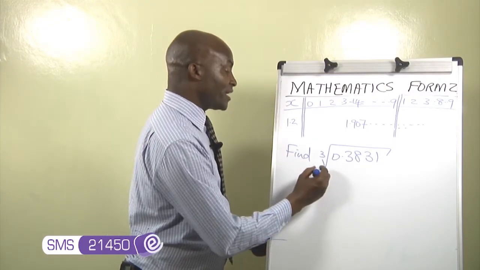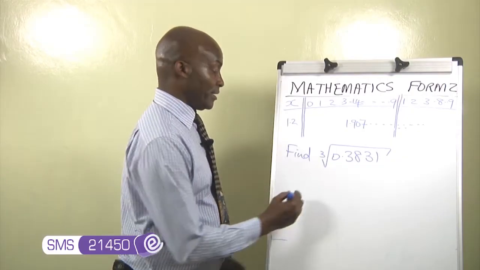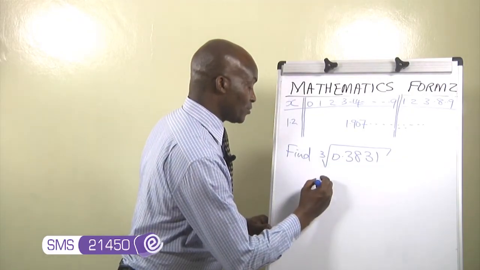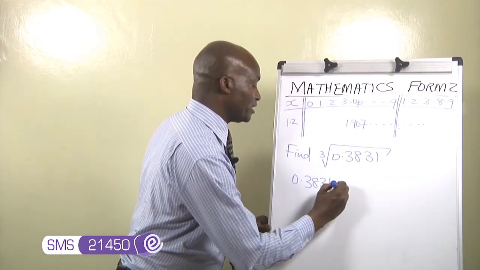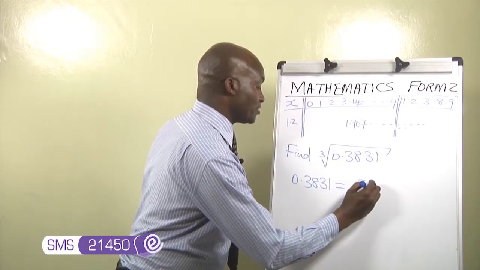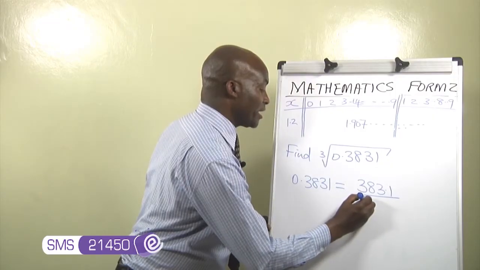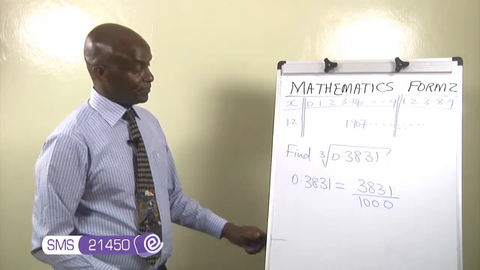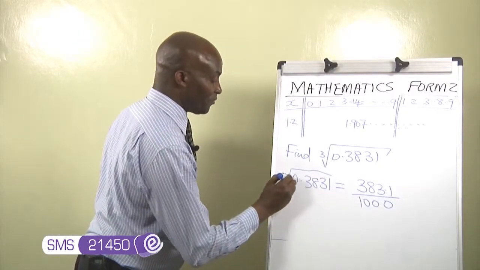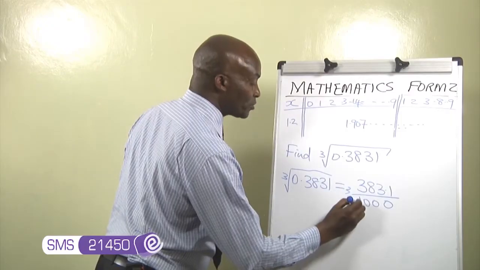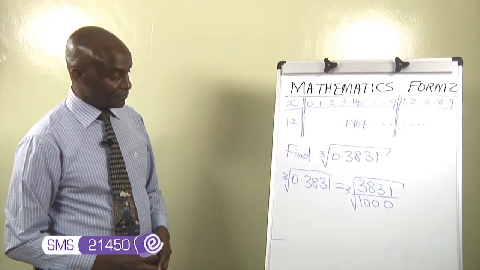So I want to write 0.3831 as follows. 0.3831 is equal to 383.1 divided by 1,000, such that when we say cube root of that, it means cube root of 383.1 divided by 1,000.